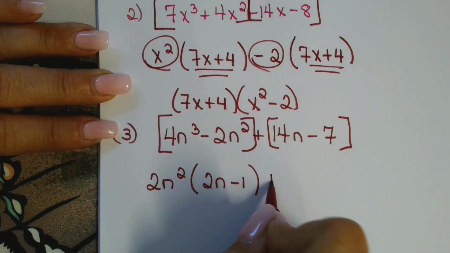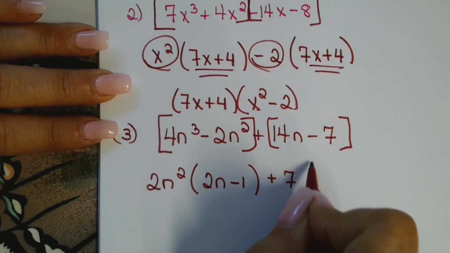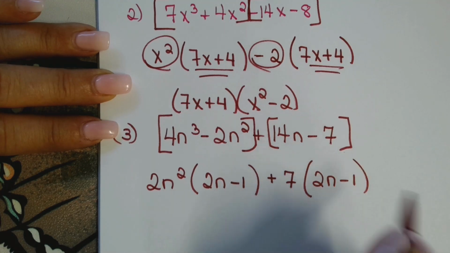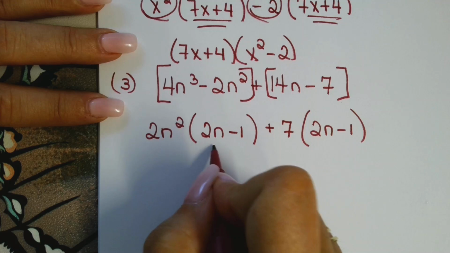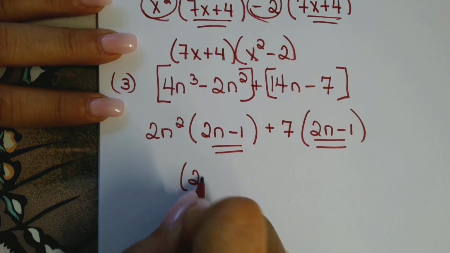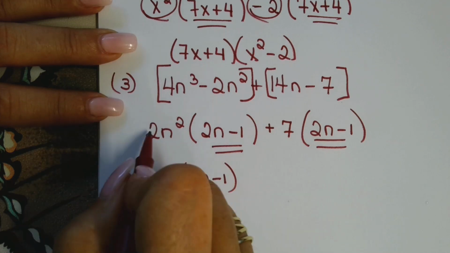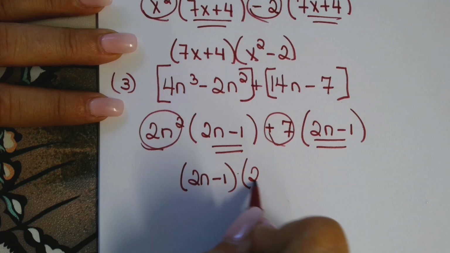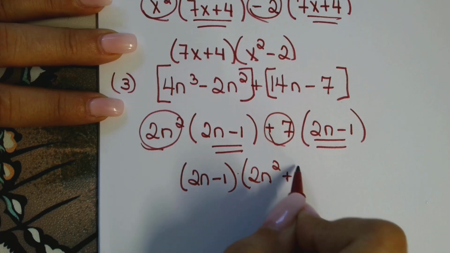Here we're going to pull out a 7, and we're going to be left with 2n minus 1. Our common factor right here and here, so that is 2n minus 1, and we have this left over, 2n squared plus 7.